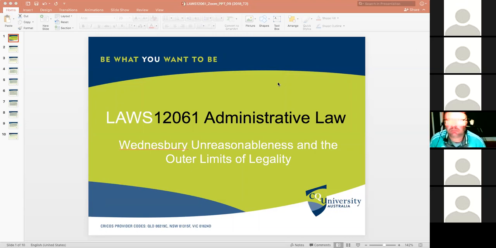So the point about Wednesbury unreasonableness is that this is one of those instances when it can be said that the court is almost examining the merits of a decision by looking into whether or not the decision is unreasonable. Because as we said, reasonableness is not meant to be within the confines of judicial review, mainly because judicial review is meant to be limited, and the courts only exercise a supervisory role over executive decision making.